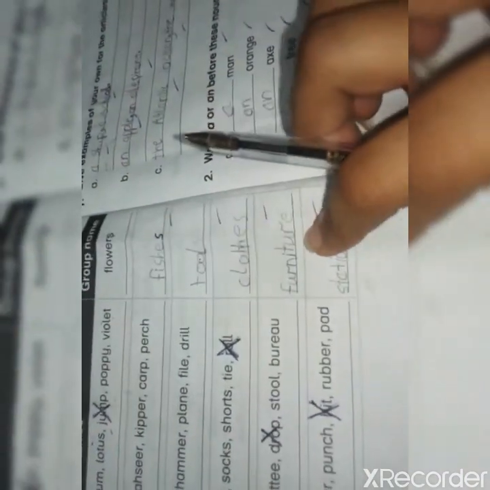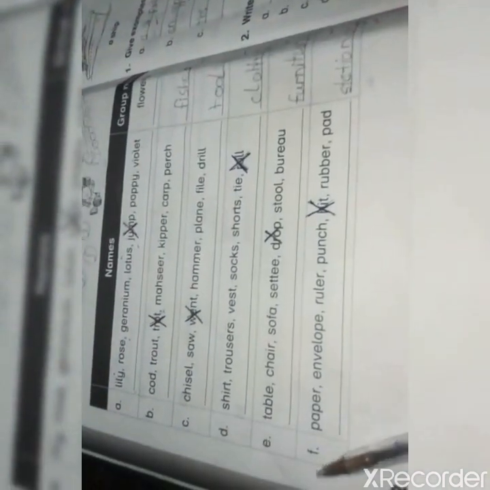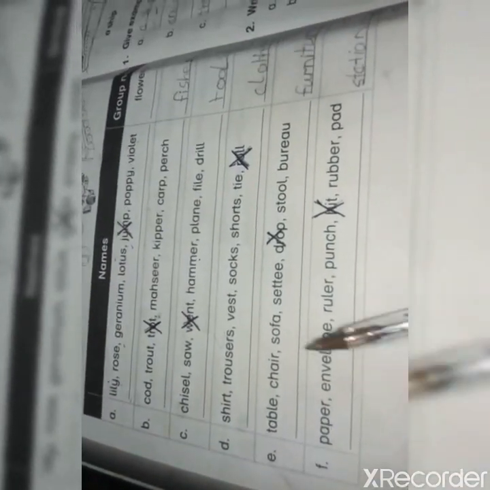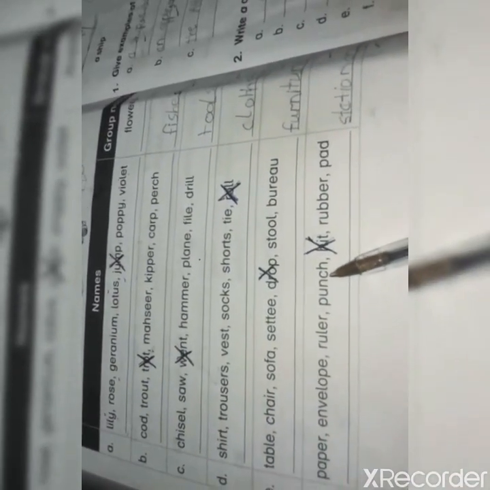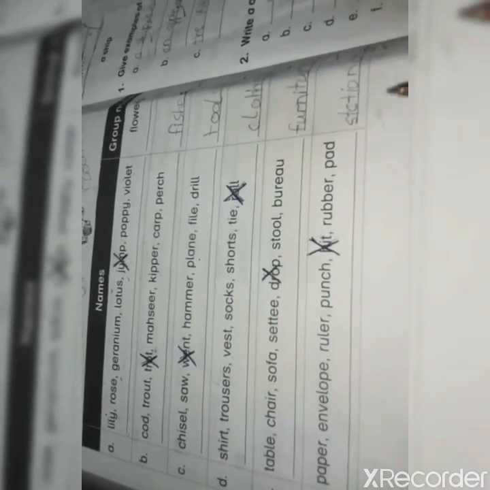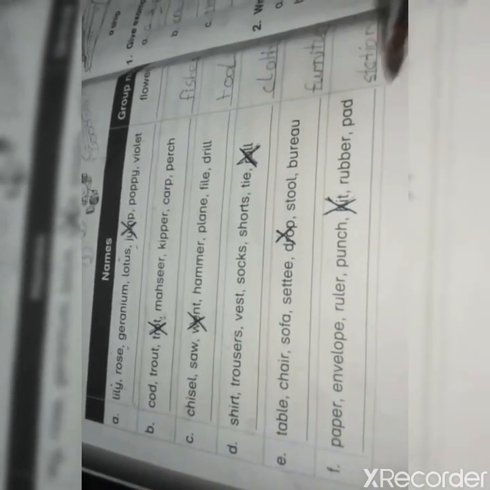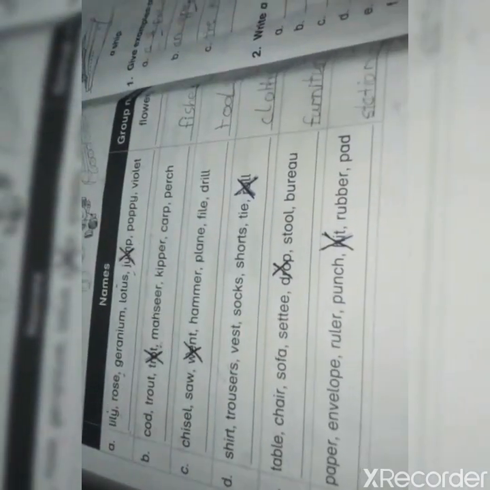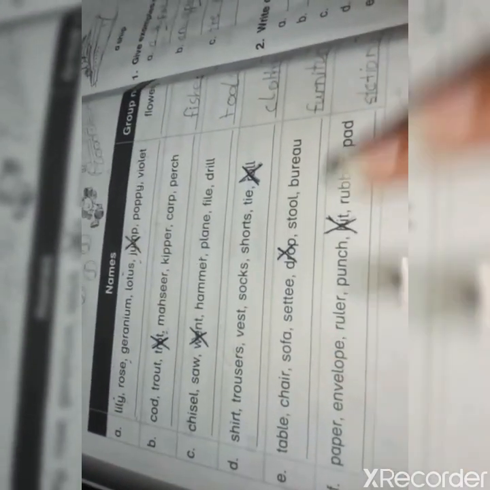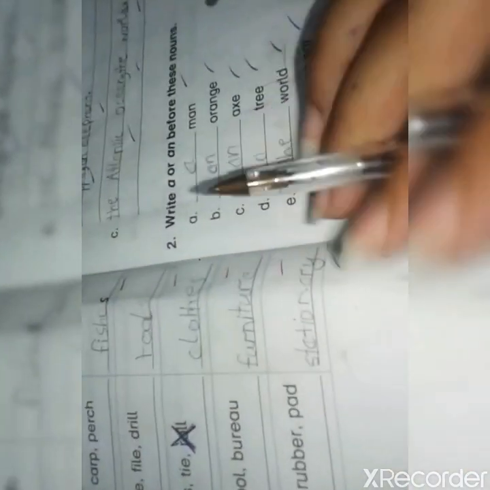All of these are names of different kinds of furniture. So the group name will be furniture. As for F part, paper, envelope, ruler, punch, rubber, pad, all of these things you will find in a stationery shop. So that means the group name will be stationery. So you can write stationery over here in your workbooks.